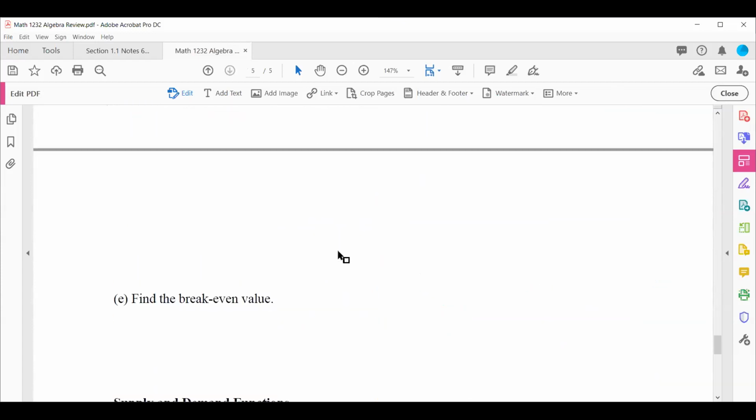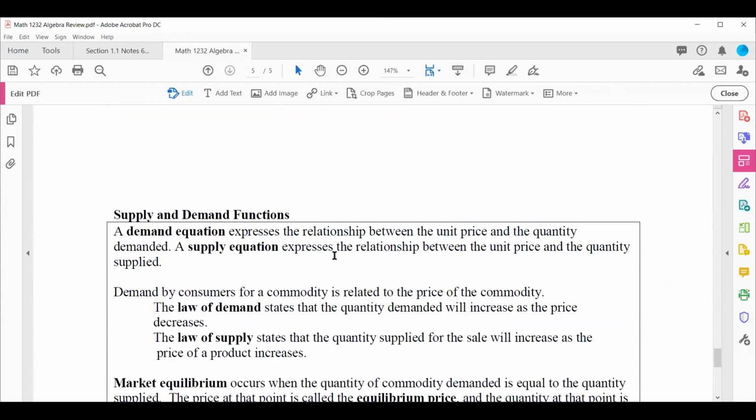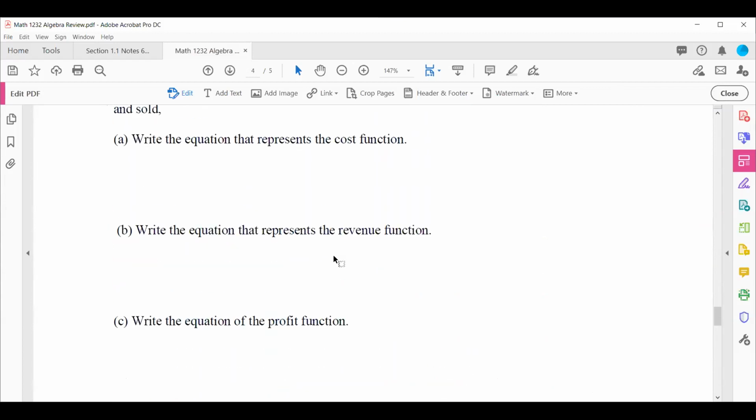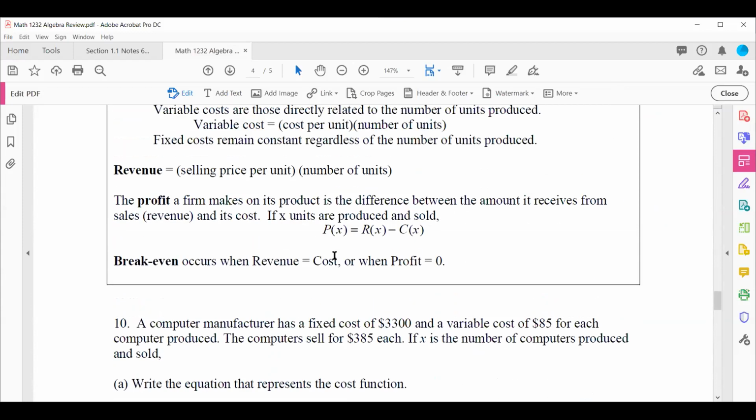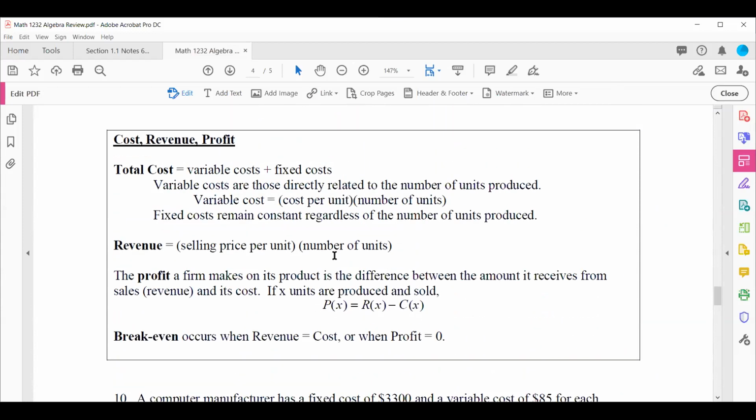The last few things we do, because your textbook talks about these items in their algebra review, and because our course is primarily geared towards applications from the business world, we want to talk about some business topics: cost, revenue, and profit. A cost function is comprised of two costs.